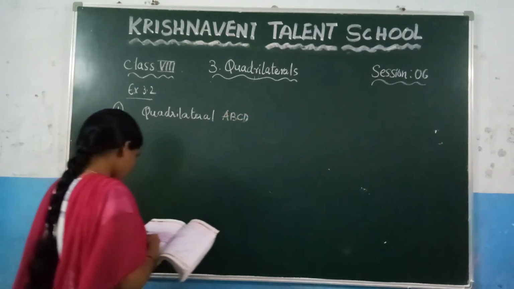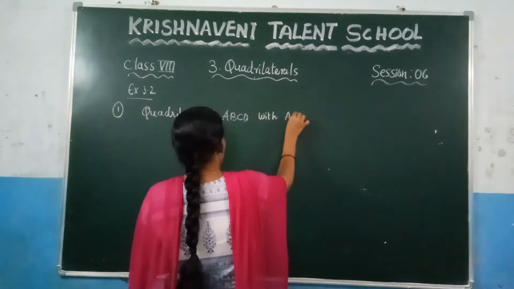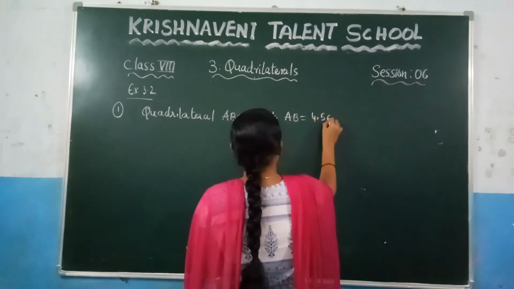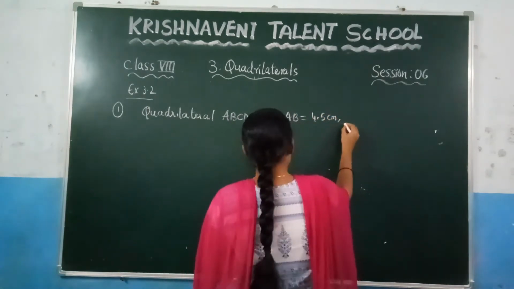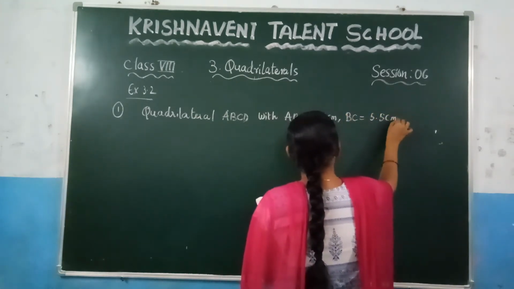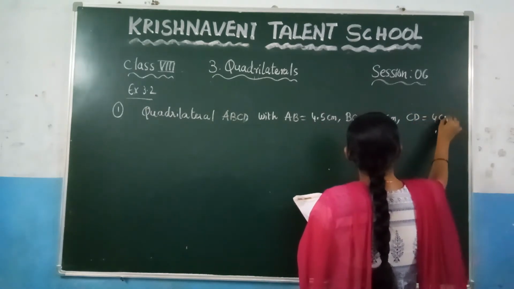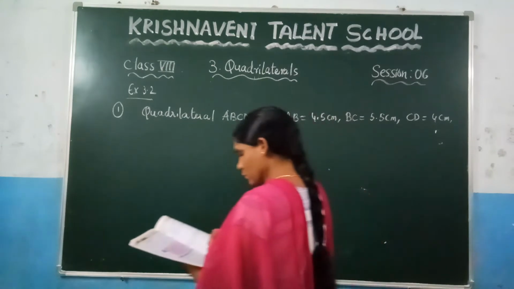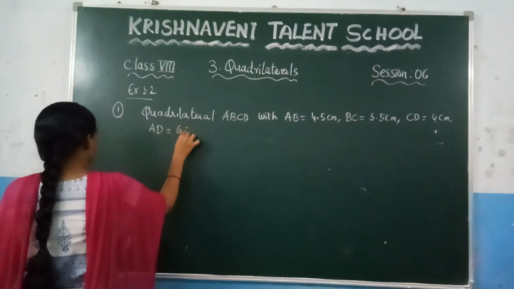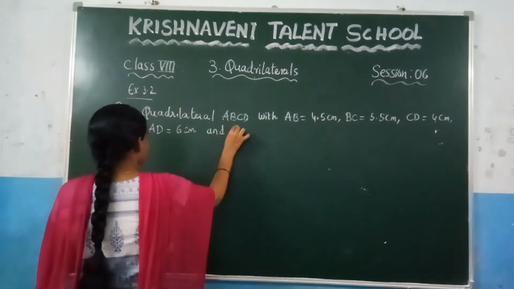And they have given the measurements: AB is equal to 4.5 centimeters, and then BC is equal to 5.5 centimeters and CD is equal to 4 centimeters, AD is equal to 6 centimeters and AC is equal to 7 centimeters.